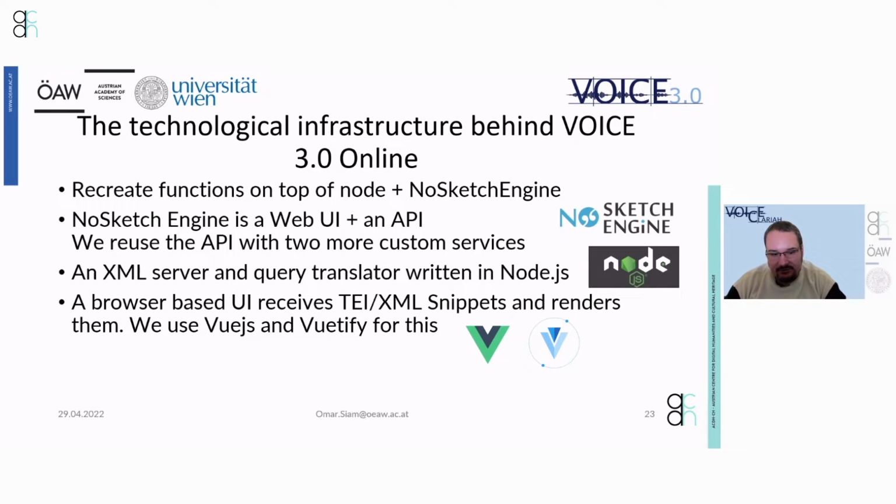We have no experience with Cookstool, so we chose the first two to implement the UI. We saw that NoSketch Engine is very capable and it can search corpora that are hundreds of times as large as voice, and it is very fast at that. It does not suffer from tight binding to the JVM.